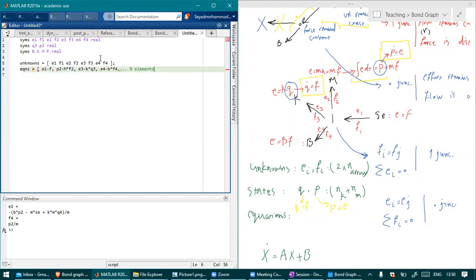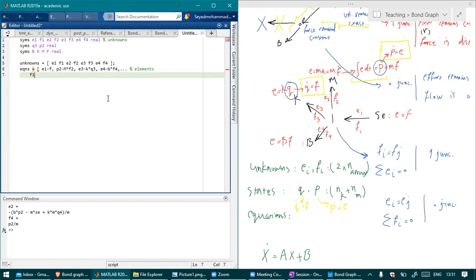This is a one junction. What remains constant? Here the effort remains constant. Yes, so F is constant along this junction.